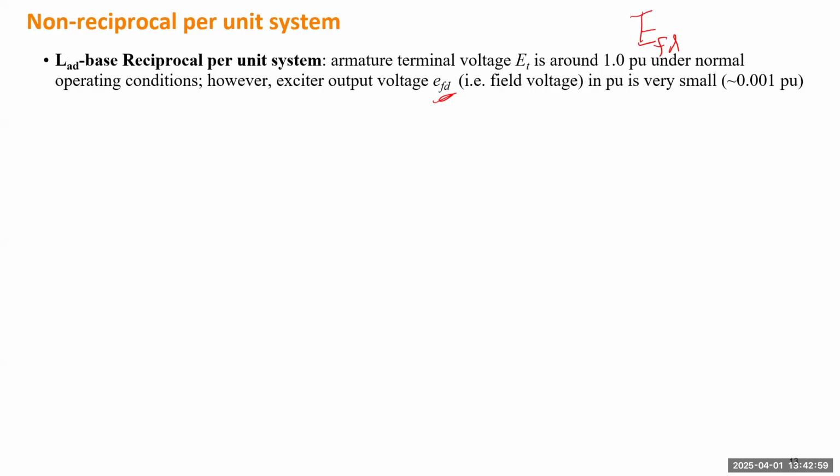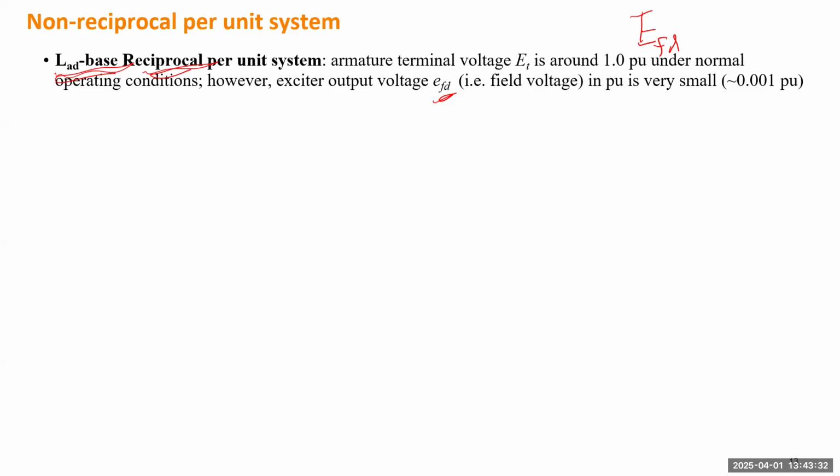So I'm going to explain why we need to do such a translation. Earlier, all our per unit systems were based on the Lad-based per unit system, and rigorously speaking, this one is called a reciprocal per unit system. What it means is that if you define the base of current and the base of voltage, you automatically determine the base of impedance and also the base of admittance.